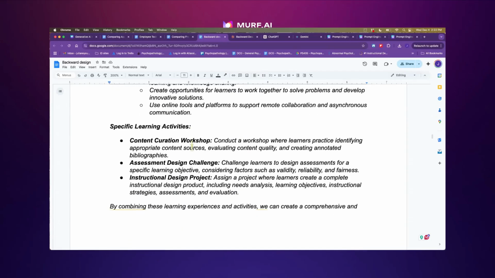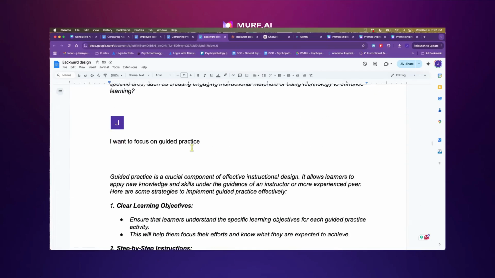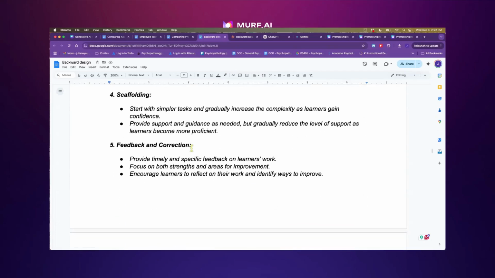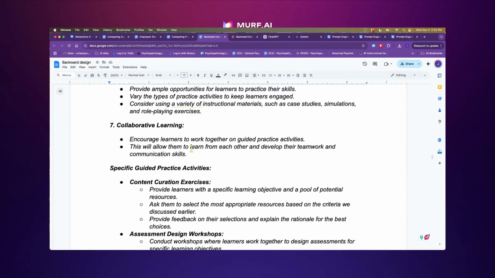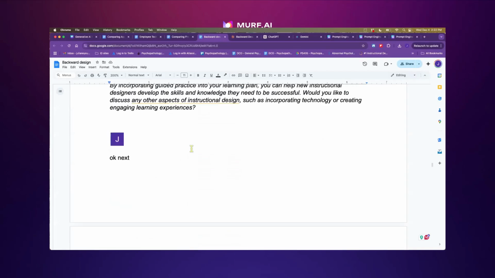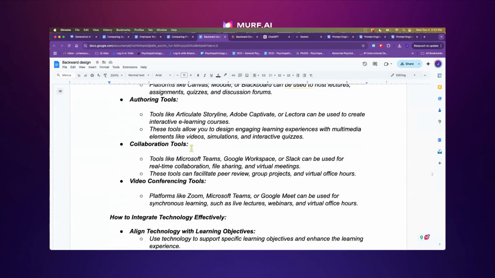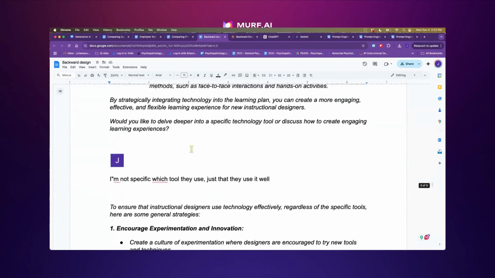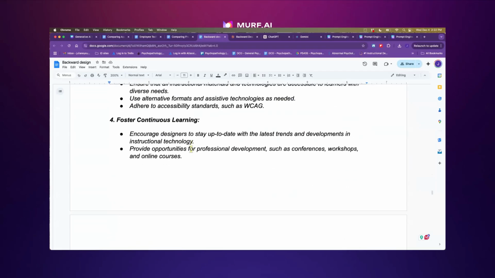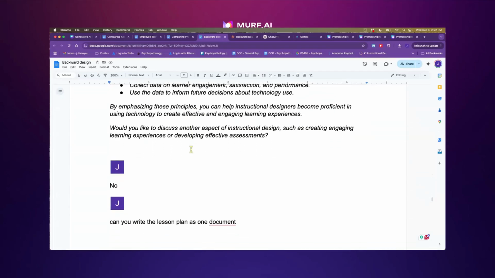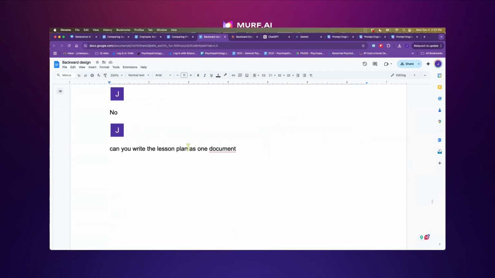And in the end, I keep asking it, it keeps asking me questions, I keep refining. And in the end, I say to it, can you write the lesson plan as one document?